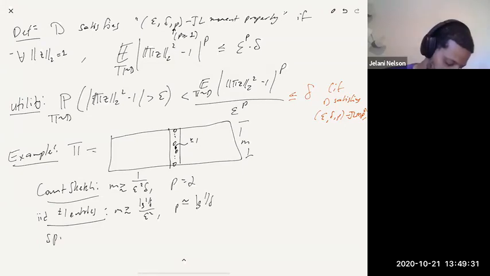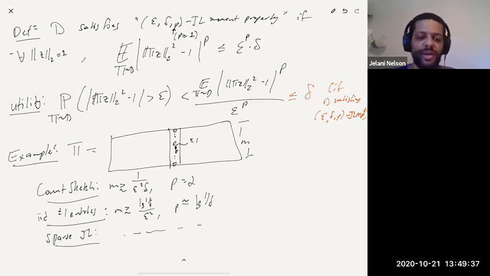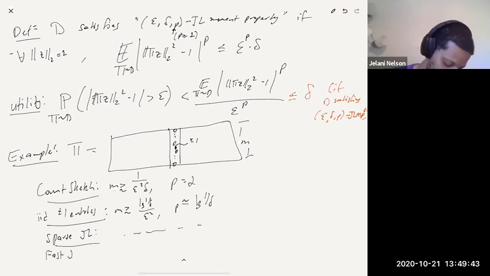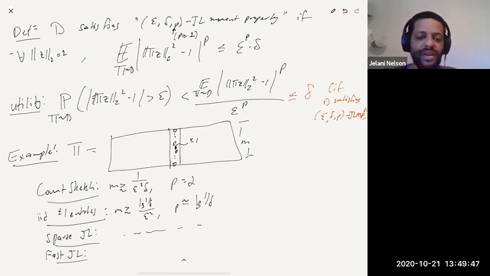Sparse JL is another one, with a similar thing, with s being log 1 over delta over epsilon. You can also do it with fast JL. With fast JL, I think you end up needing p to be a little bit bigger, if you unwind what moment you really need to make the whole thing work.